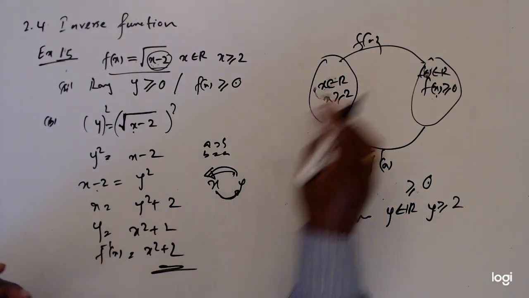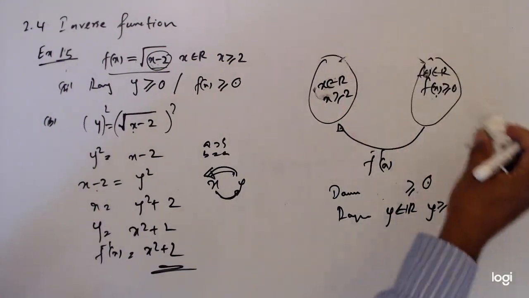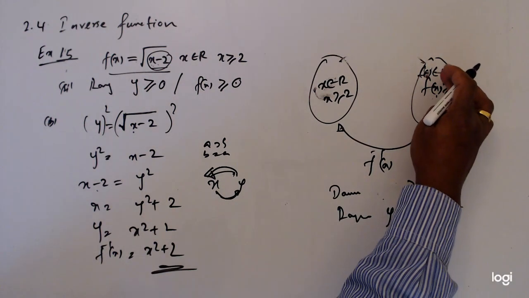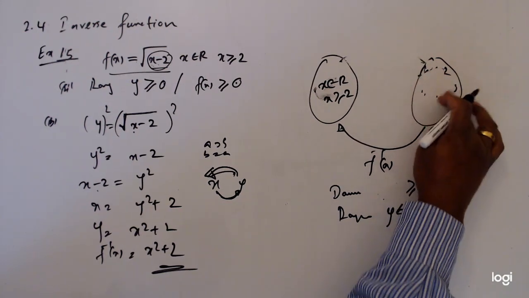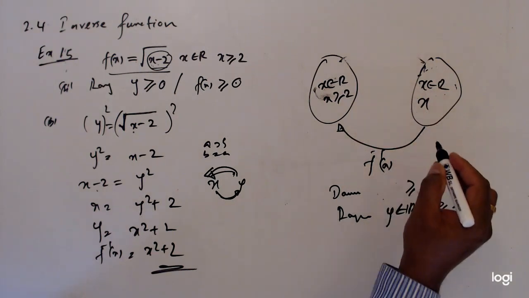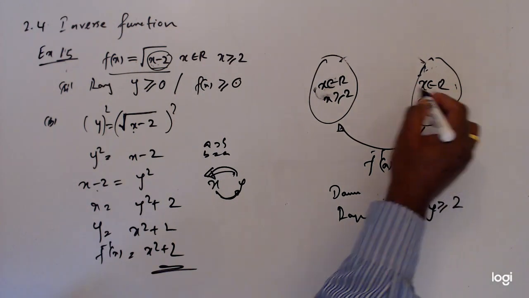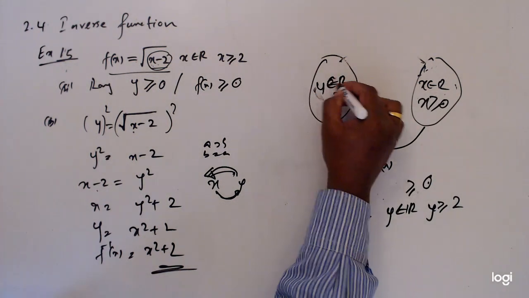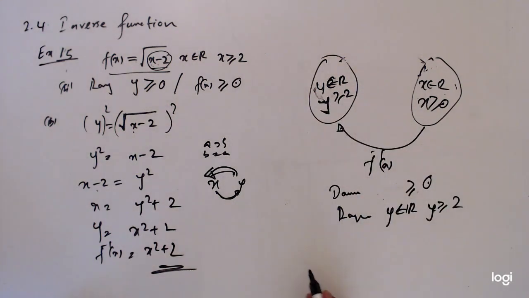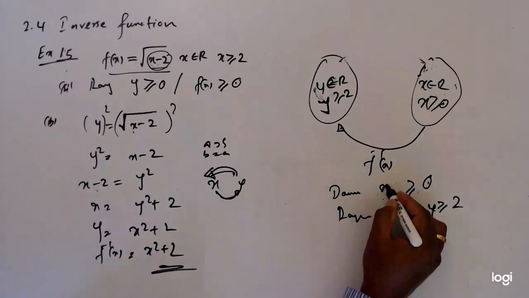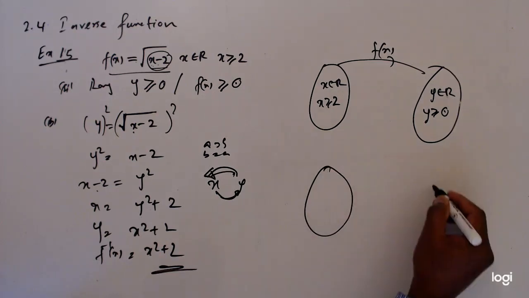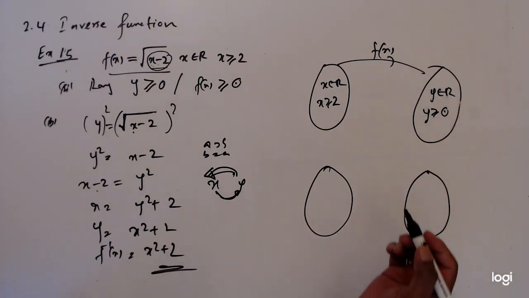I will revert this one, we'll forget this side, and then we have to write in terms of x here. x is a real number, x greater than or equal to 0, this becomes y, because y greater than or equal to 2. I rewrote this one so you're not confused.